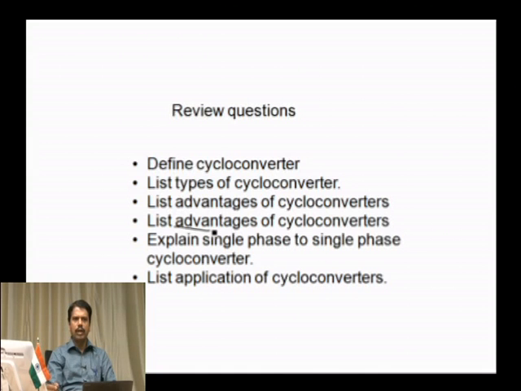We have seen more advantages than disadvantages. The major points you need to remember about cycloconverters: the frequency range is 0 to 20 hertz for step down application.